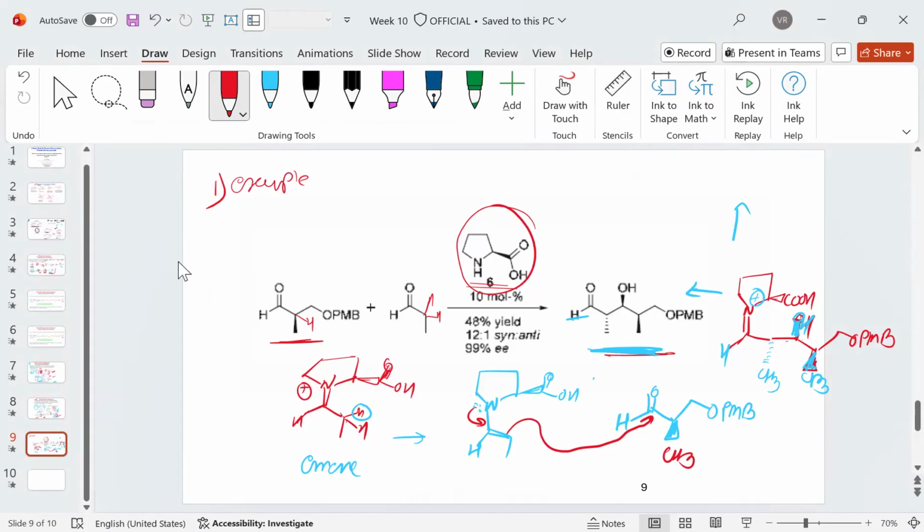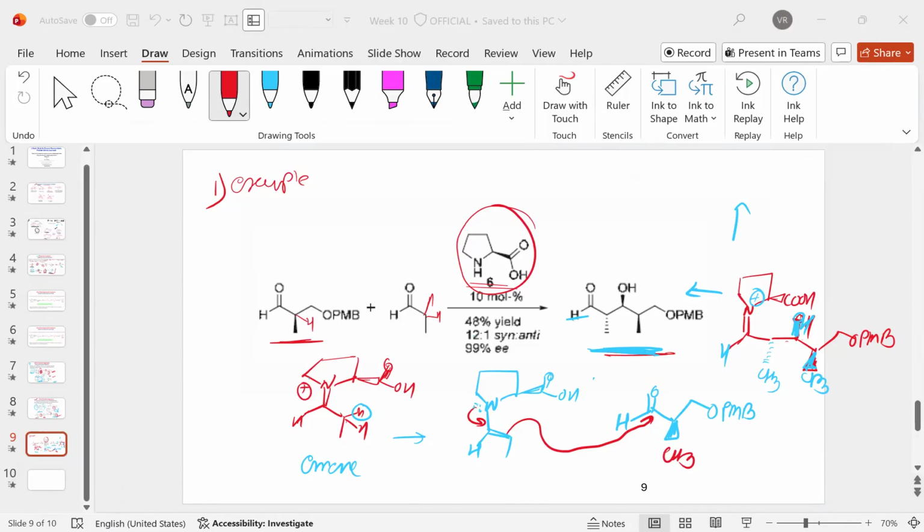All right, we'll take another example, which involves similar selectivity.